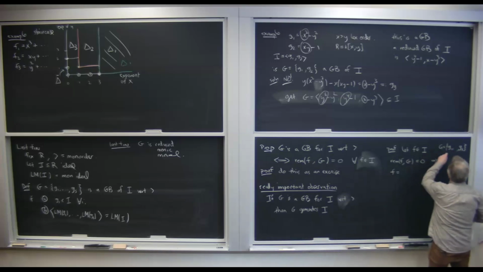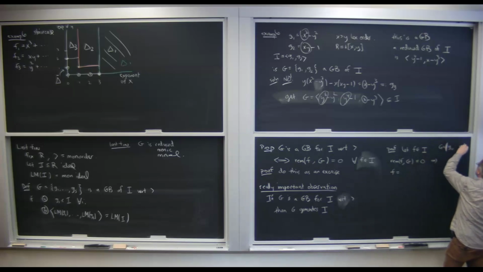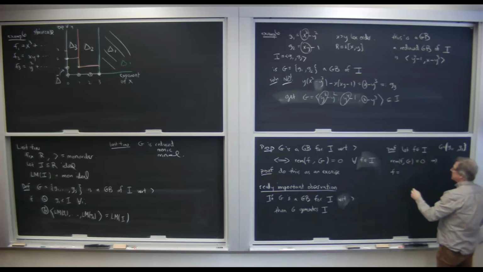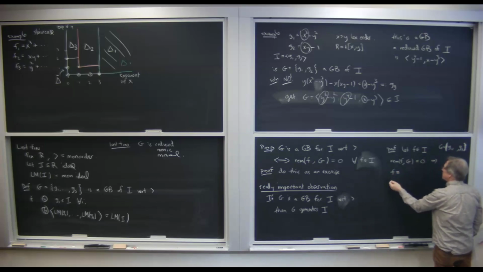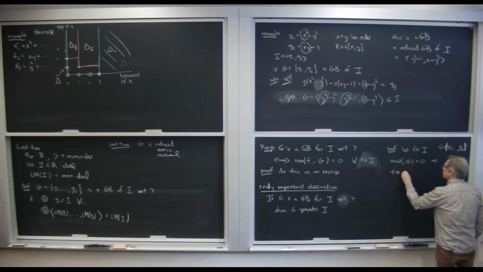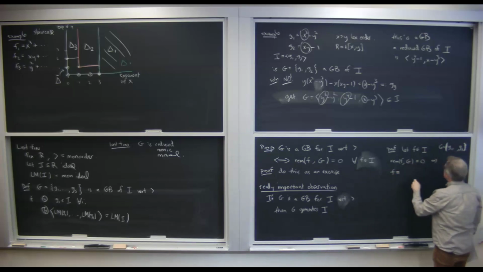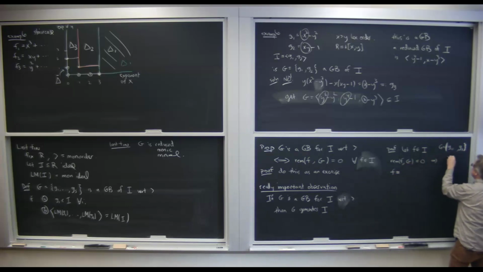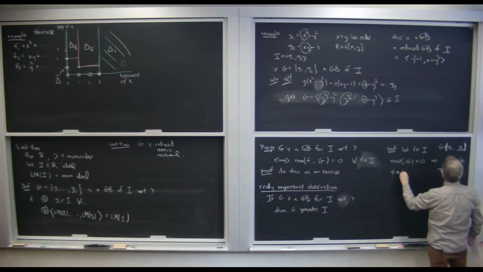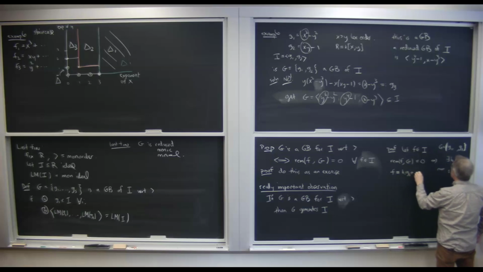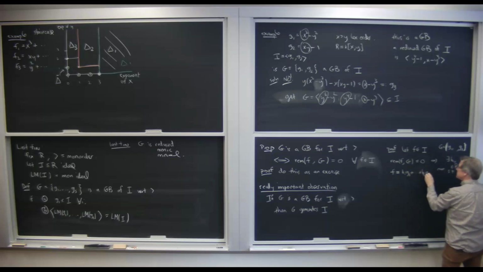And maybe I actually take this to be an ordered set too, because we haven't proved yet that it doesn't matter for a Groebner basis. But if F is equal to the remainder is 0, so what does that mean? That means that there exists H1 up to HS in R such that the following holds, that this is equal to H1 times G1 plus HS times GS.